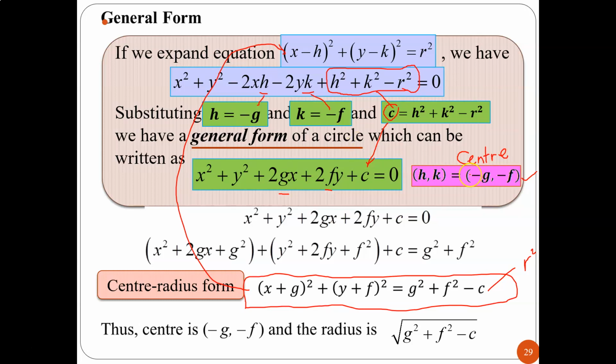It's just that you need to know what is your h and k, your center, what is your radius. You need to know the standard form, which is this, and how the standard form changes into the general form using the h and k, using the negative g and negative f, and then you have the center radius form, this one.